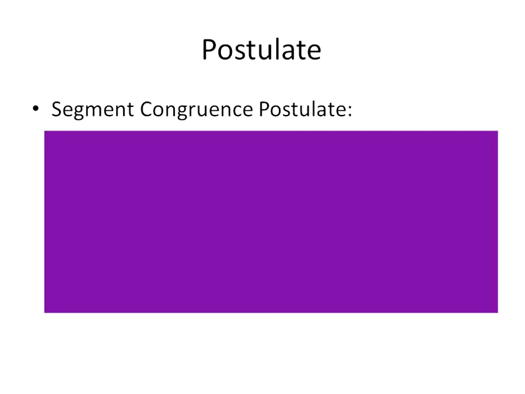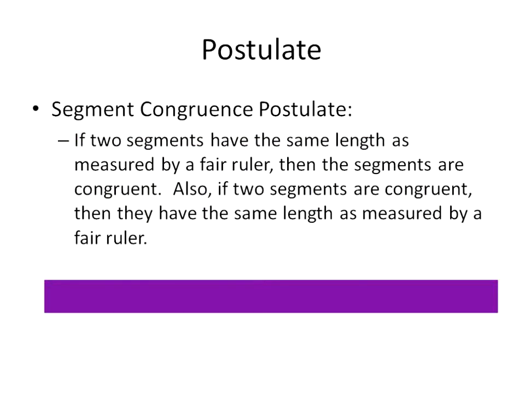Two segments that have the same length as measured by a fair ruler, whatever that might be, it doesn't have to be an exact ruler, then the segments are congruent. Also, if I tell you that two segments are congruent, that tells you that they are exactly the same length.